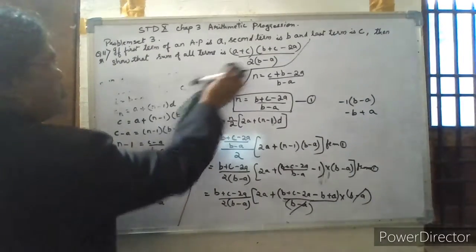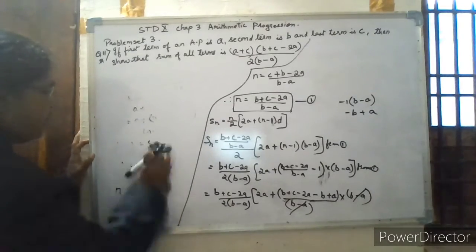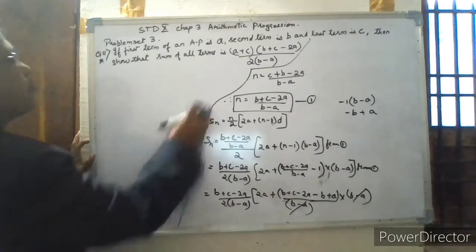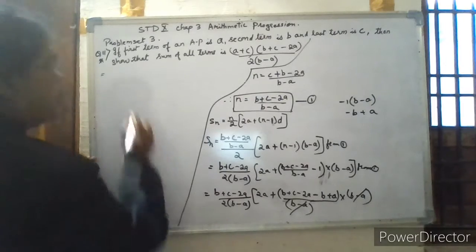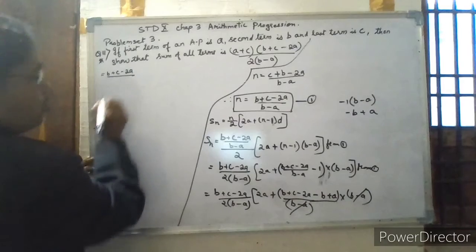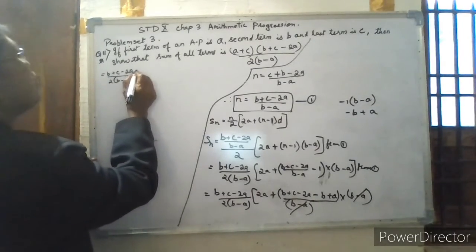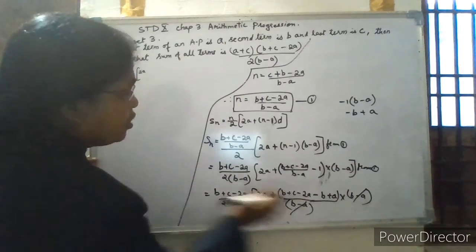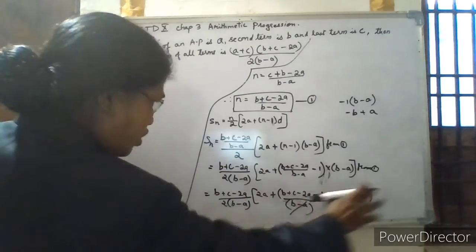I will continue solving here. So this is equal to b plus c minus 2a upon 2 into b minus a, into 2a, then open this bracket, plus, nothing is left in the denominator, so we can simply open it.